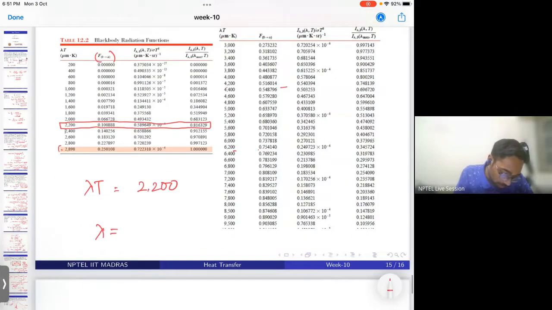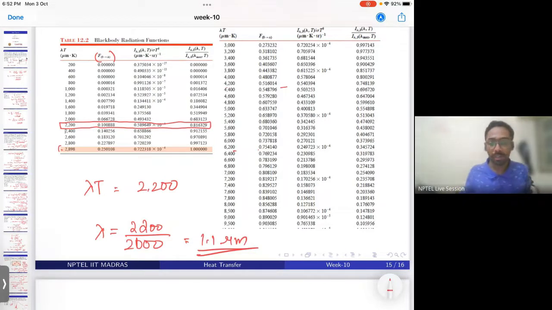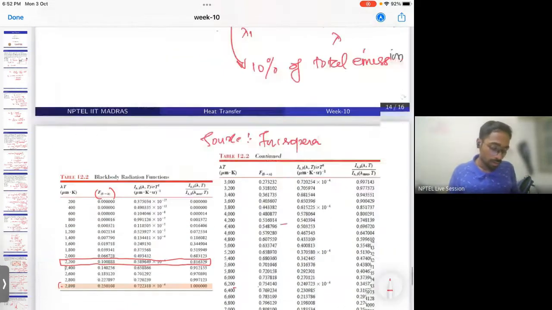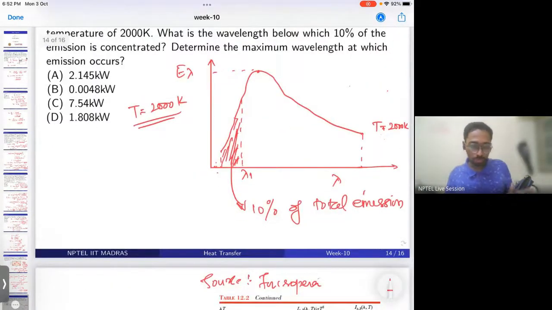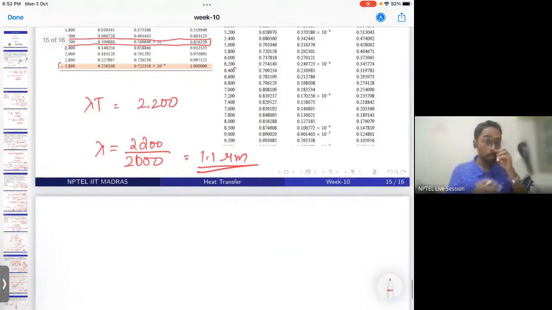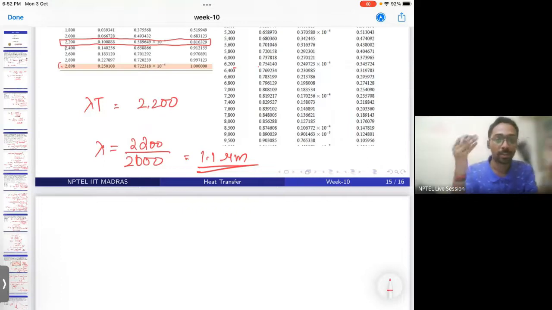We divide by T, which is also given. The answer will come out to be around 1.1 micrometer. So in the wavelength range of 0 to 1.1 micrometer, the body emits 10% of the total radiation. That is what it is.